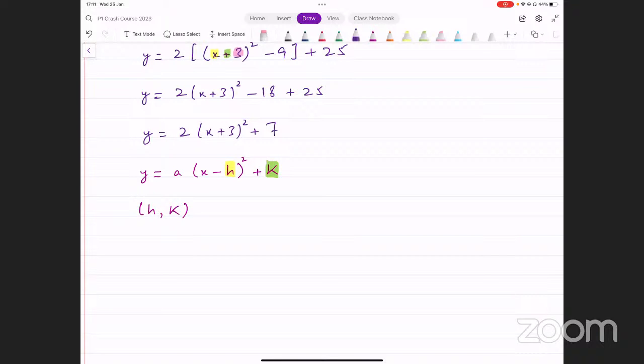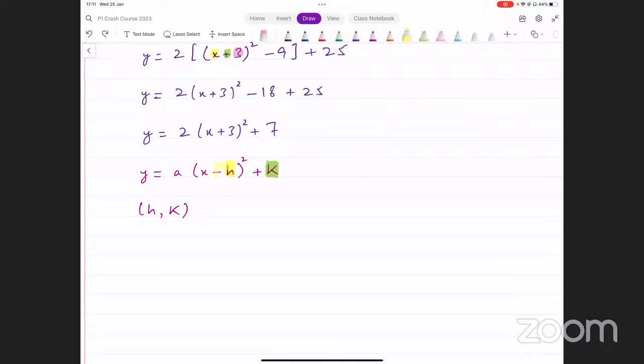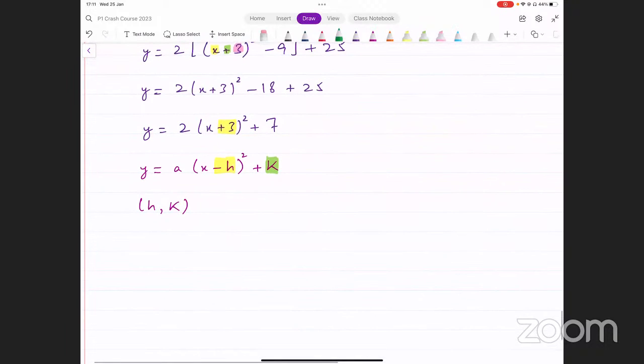Now, if you were to compare the standard form with what you have got, in the standard form you've got minus h. You have got plus 3 inside the bracket. Now, what does that mean? That means minus h should be equal to plus 3. Let me actually write it here. Minus h should be equal to plus 3, and that gives you h equal to minus 3.